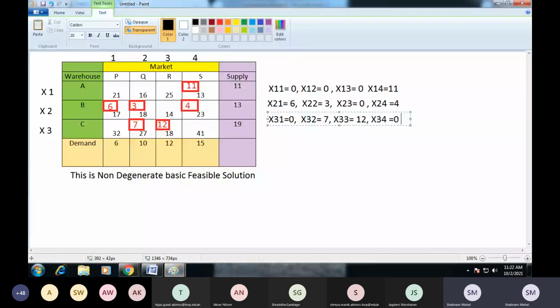Now find out the total transportation cost for this example. So write down the total transportation cost. As we know, when we find the total transportation cost, we have to write down the allocation with the cost of that cell.